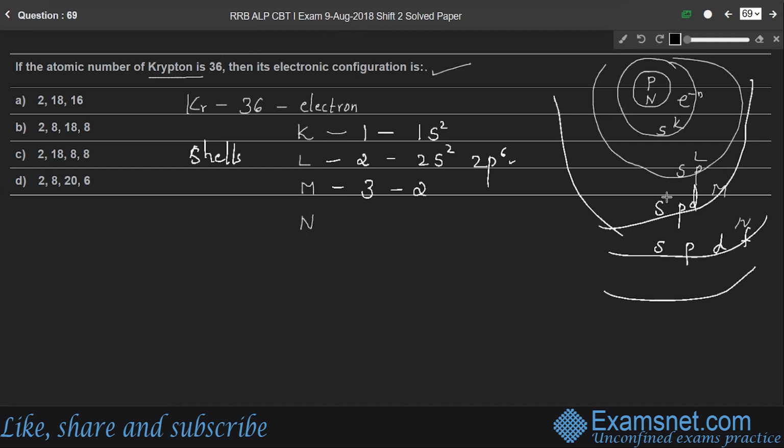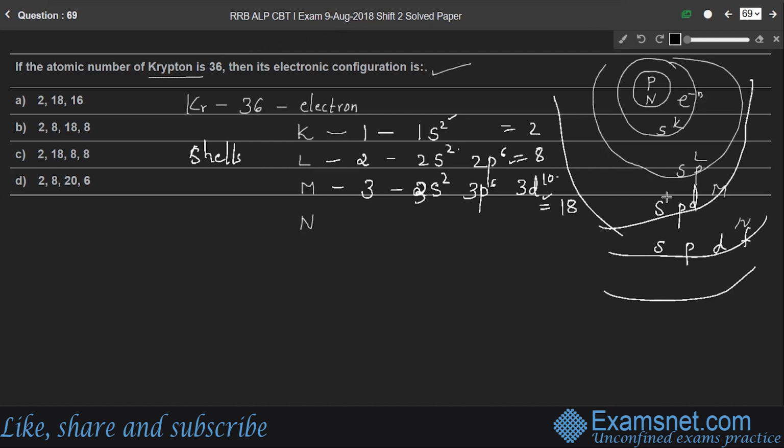Whereas the M shell has 3 subshells: 3s2, 3p6, and 3d10. The D subshell can hold 10 electrons, as you all know. So it becomes 2 in the first shell, 2 plus 6, which is 8, in the second shell, and in the third shell 10 plus 6 plus 2, which is 18.